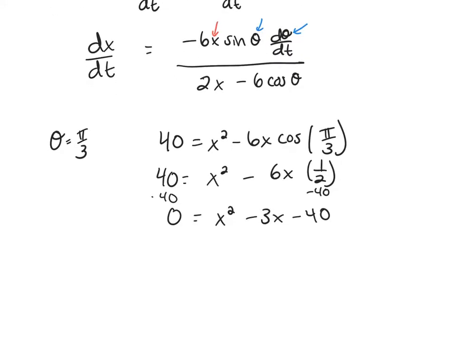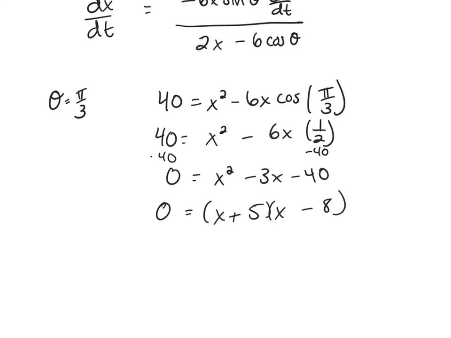And this will factor into x minus 8 and x plus 5. And so you get two answers. x is negative 5 and x is 8, but the negative 5 answer doesn't make sense. So x is 8 inches.